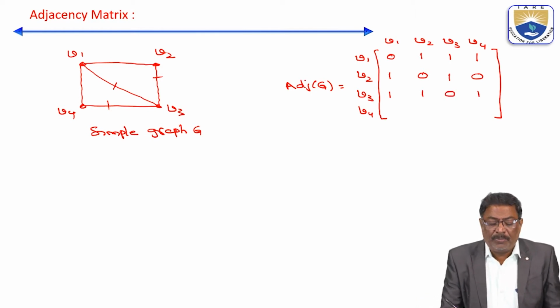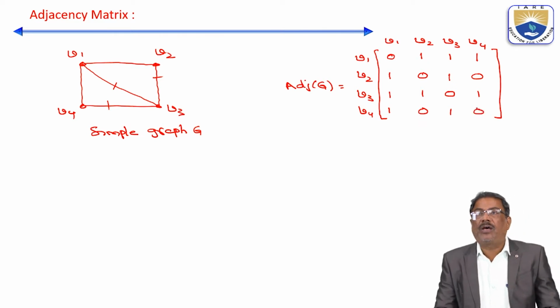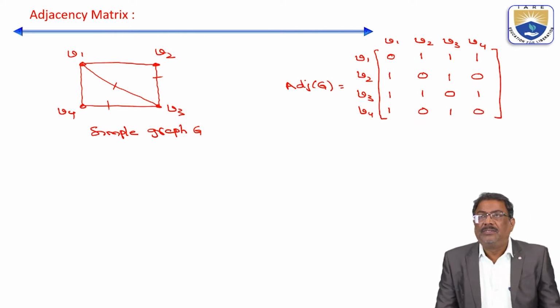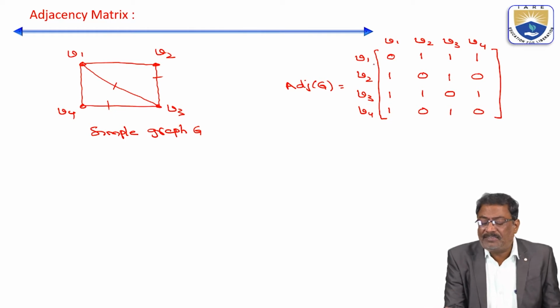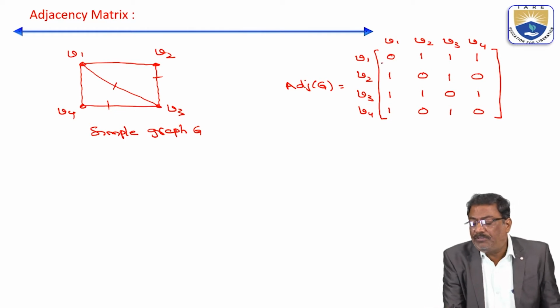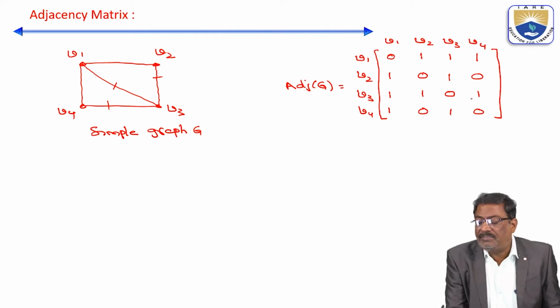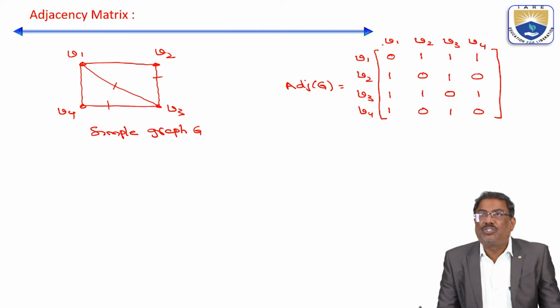Similarly, from V4, to V1 and V3 there are edges, and for the remaining there are no edges. So I am going to consider it in this manner. Observe that this is a simple graph, so all diagonal elements are zeros.